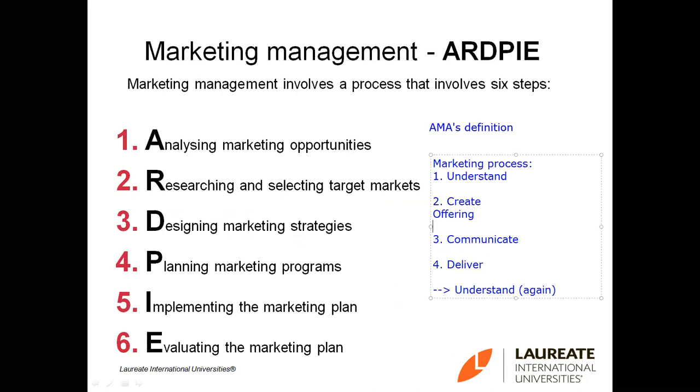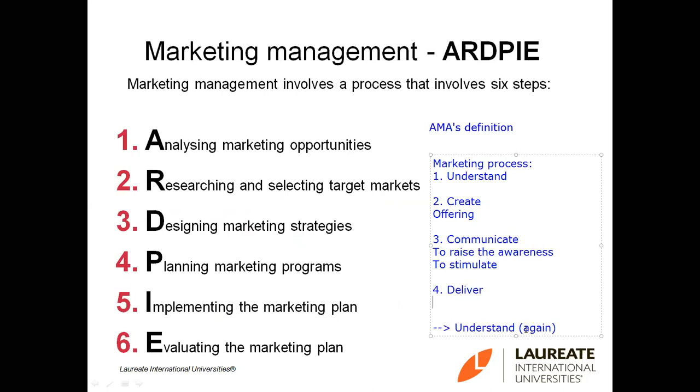After we create that, we need to communicate it to the customers to raise awareness of the product or offering, and also to stimulate trial from the customers. And we have to deliver it. That means we need to implement the marketing mix variables, the product, price, place, promotion that we designed before for the customers, right?